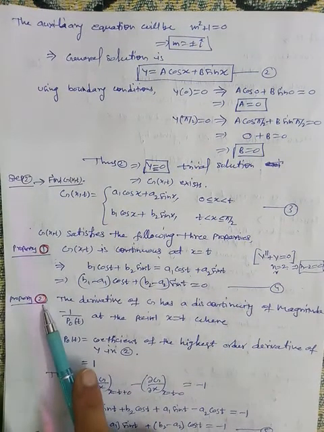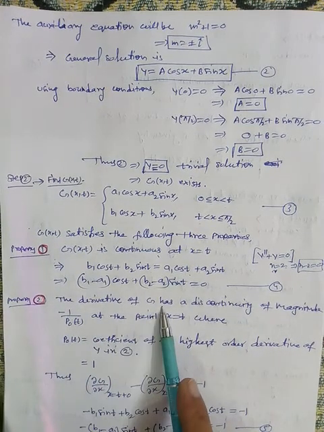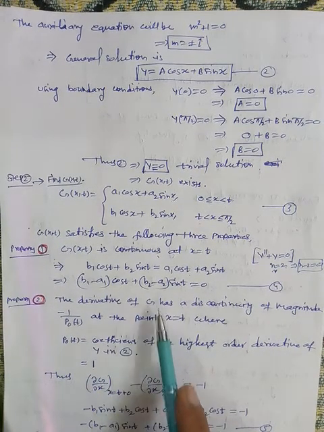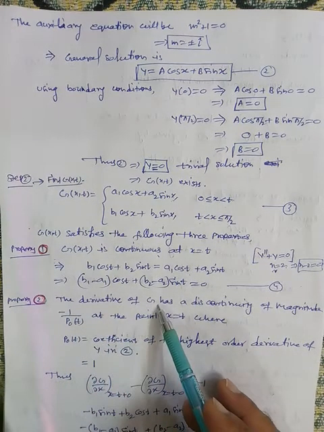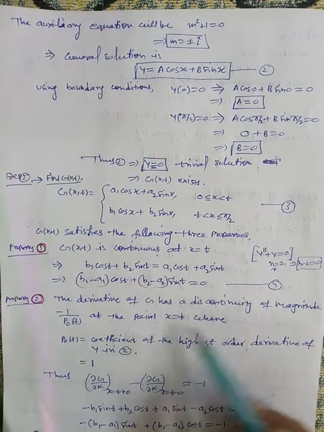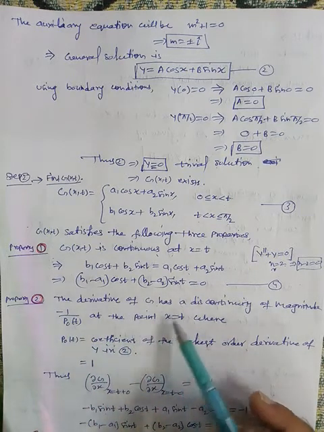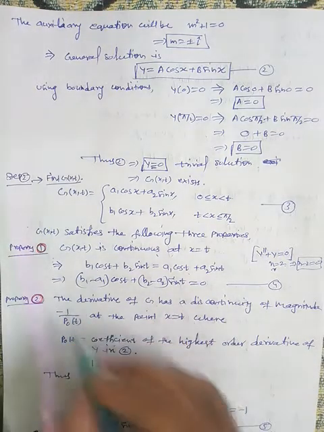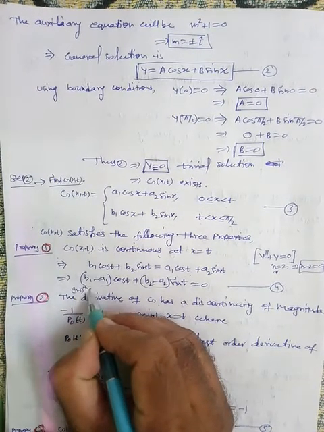Now property number 2. The derivative of g of order n minus 1. N is 2, so n minus 1 will be 1, that means the first order derivative.